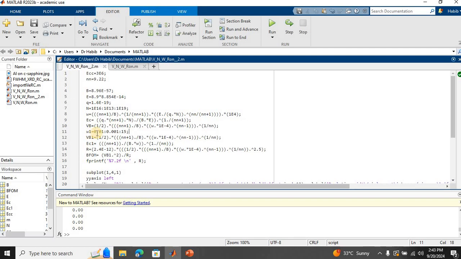This creates a range of depletion widths starting at 0.01 microns and going up to 15 micrometers in this code, and this is further used for the calculation of the reverse breakdown voltage, the critical electric field, and the on-resistance as well.